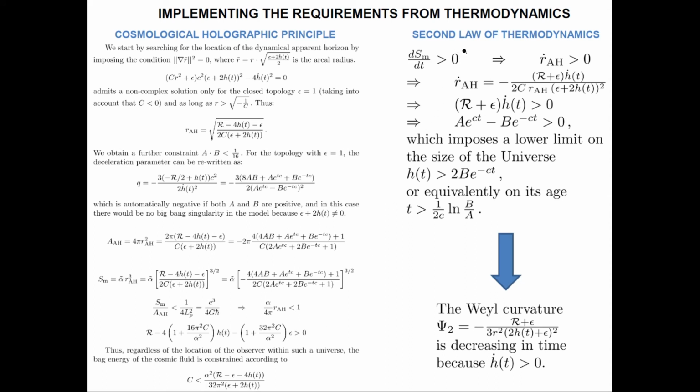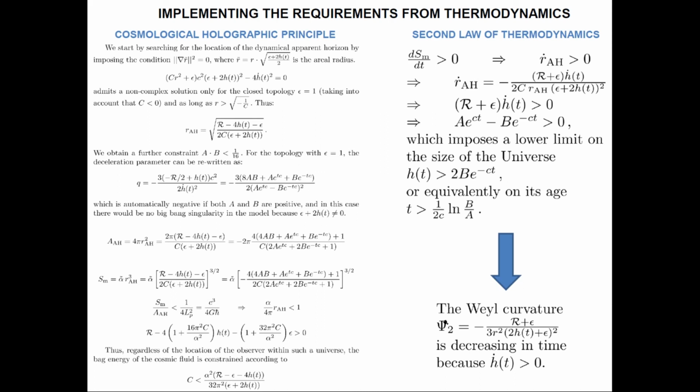Then let's go to the second law of thermodynamics. We require the matter entropy to be an increasing function of time. So by looking at this expression in terms of R of the dynamical apparent horizon, this R must be an increasing function of time. We work out the appropriate algebra, and we get that the second law of thermodynamics imposes a lower limit on the size of the universe, or equivalently on its age.